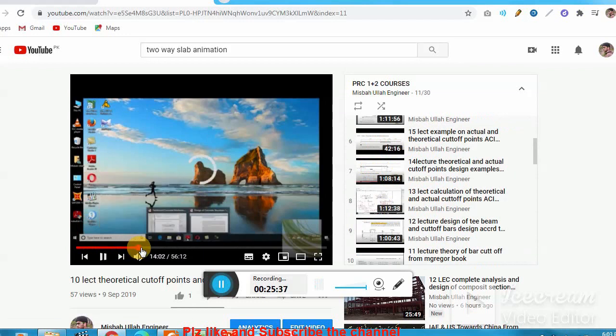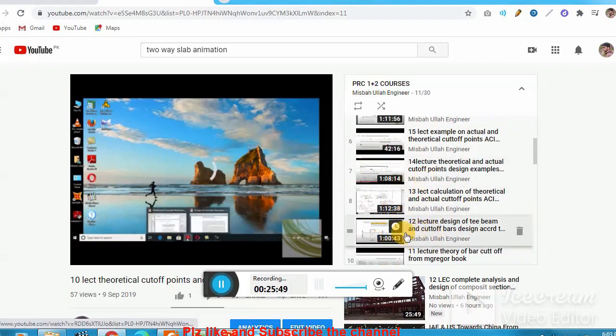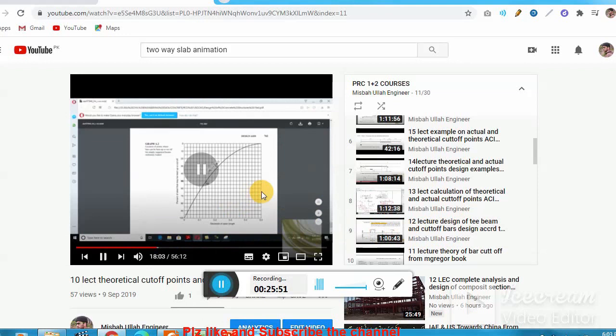This kind of table I will use here as well, but it is very important, and the T-beam design is very important. You see this graph is provided at the end of the lesson book, and how we use this to provide these bent up bars. Very important lectures, inshallah, in the next coming lectures.